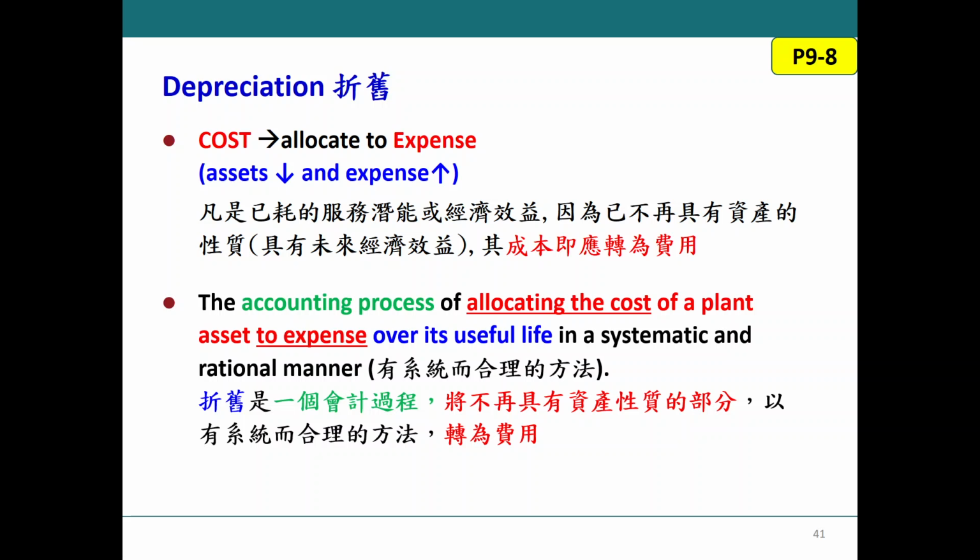We will tell you based on accounting methods. So later we will tell you 3 accounting methods. Based on these 3 accounting methods, we try to help you find out how much the assets value decreased. Okay, so it's not the market value, it's accounting method.